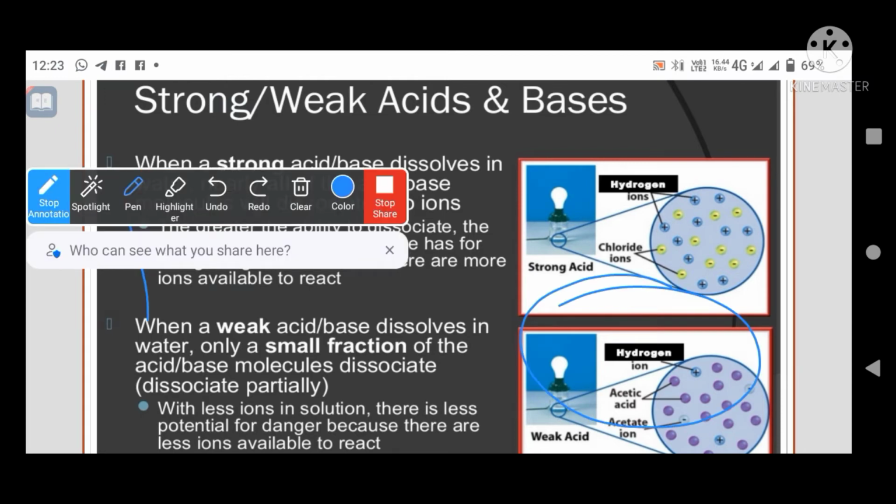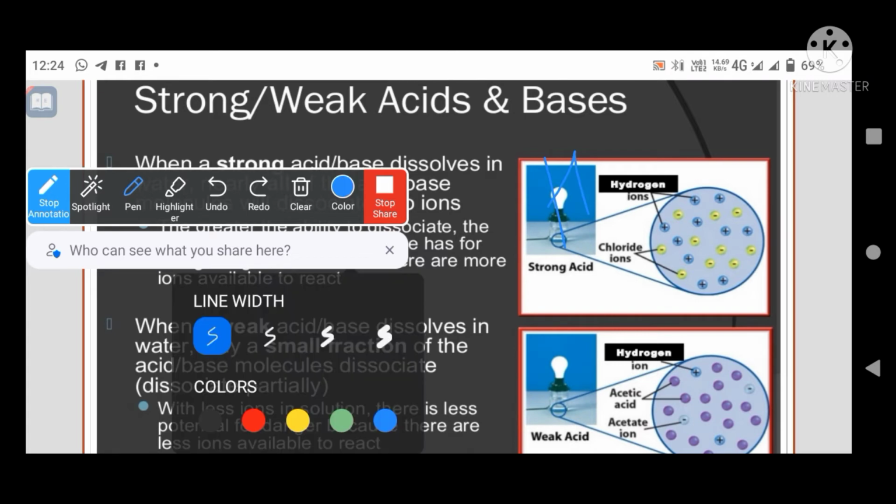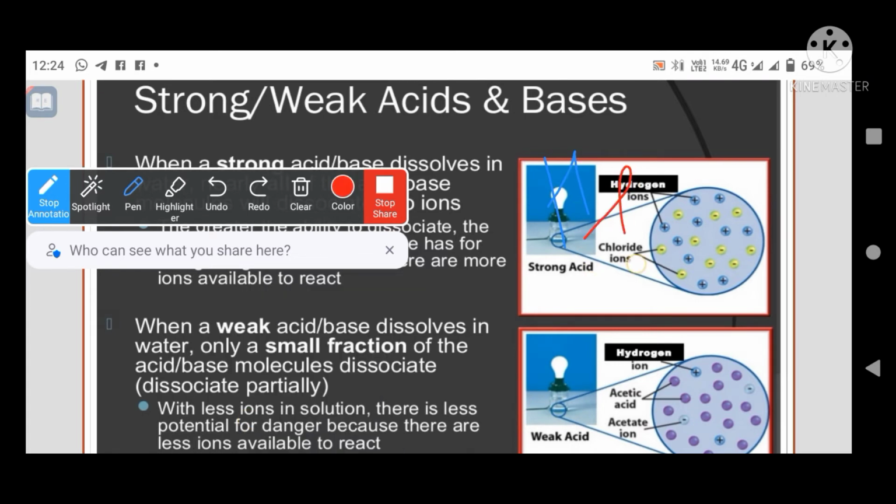Hydrogen ions give H plus ions, and the chloride gives Cl minus ions. This is about HCl, H plus ion and Cl minus ion, regarding the strong acid.